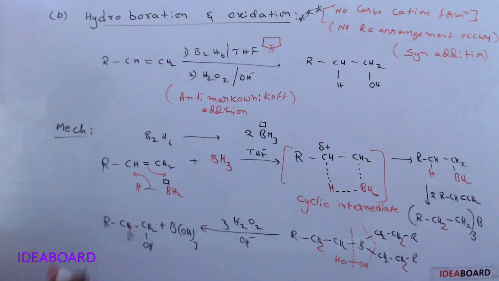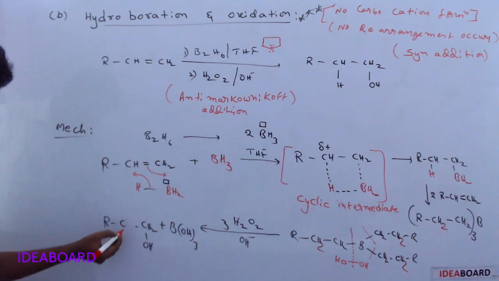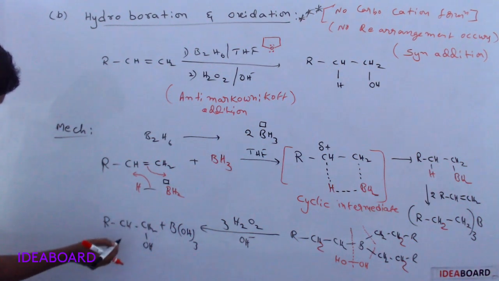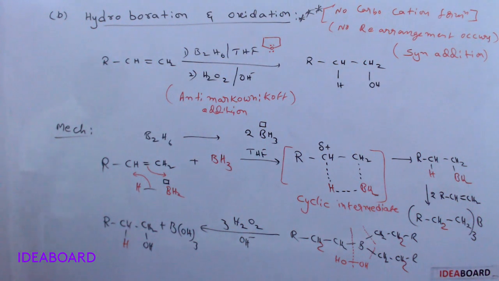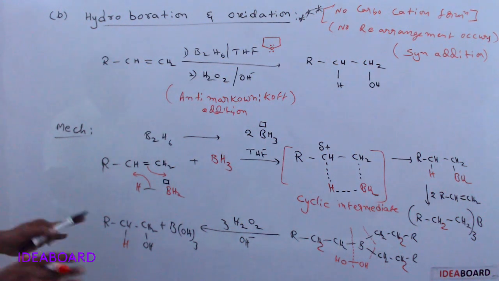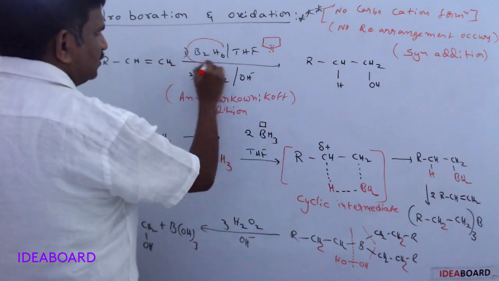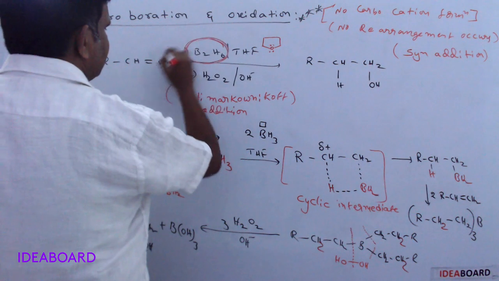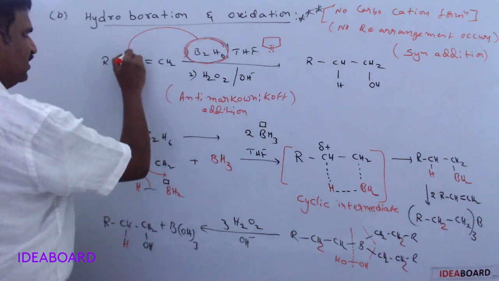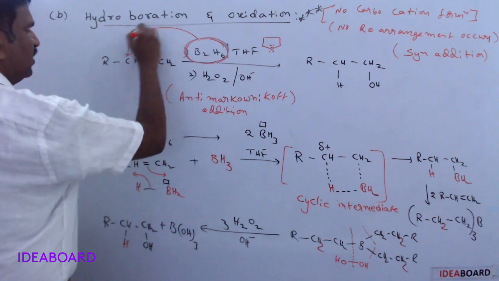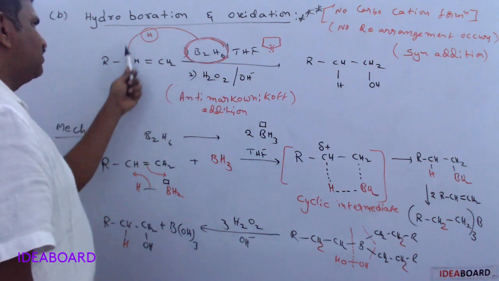So I will write it separately. Here it is CH, and one more hydrogen we have now. That hydrogen is from BH2 only. So finally, from the B2H6 molecule, one hydrogen is added to this alkene. To write the products easily: from the B2H6 molecule, one hydrogen is added.